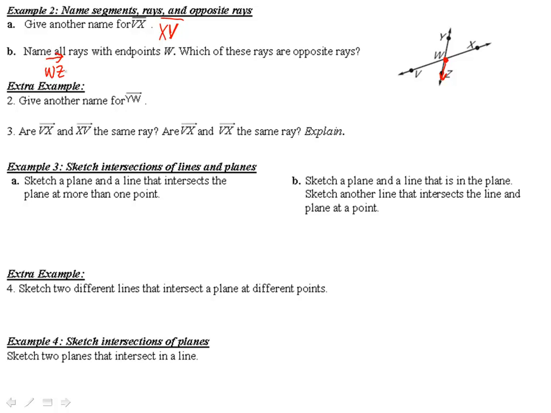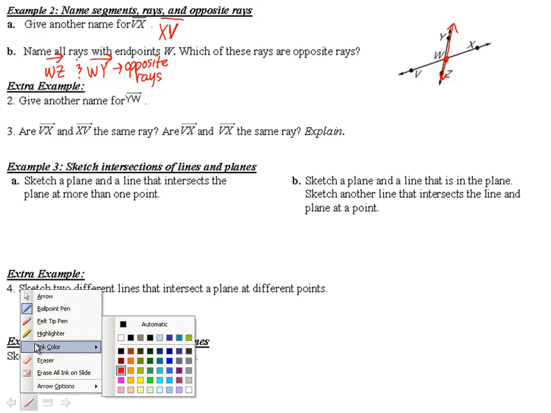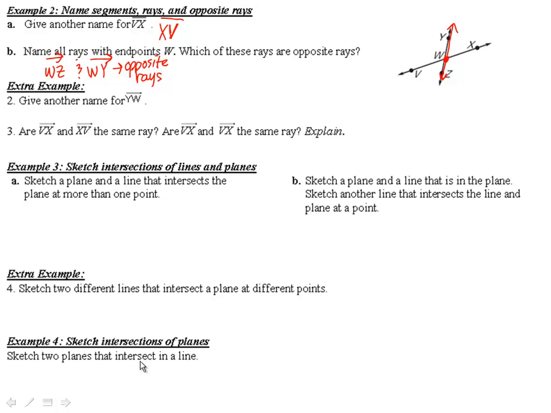And its opposite ray would start at W and go up through Y. So the opposite ray would be ray WY. Those two are opposite rays because they share an endpoint and go in opposite directions. Our other opposite rays here would start at W and go this way.